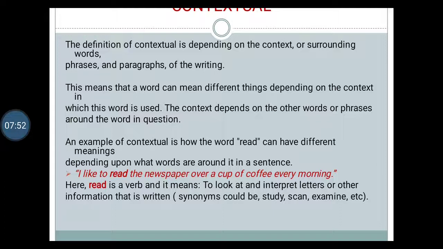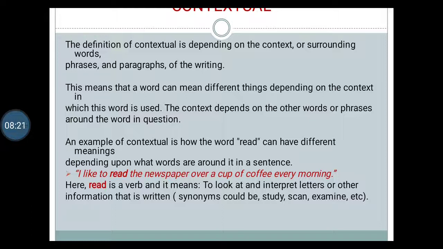We're looking at the word read and how read can have different meanings depending upon what words are around it in a sentence, which means what the context is. Read can mean different things depending on the context in which it is used, depending on the words around it in a sentence. Look at this example.